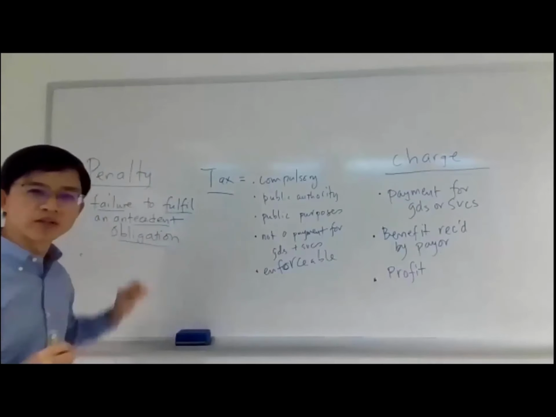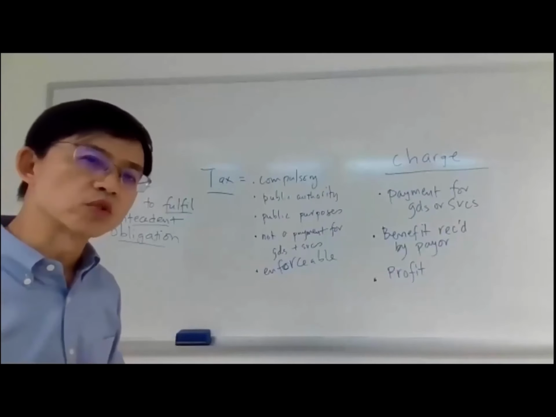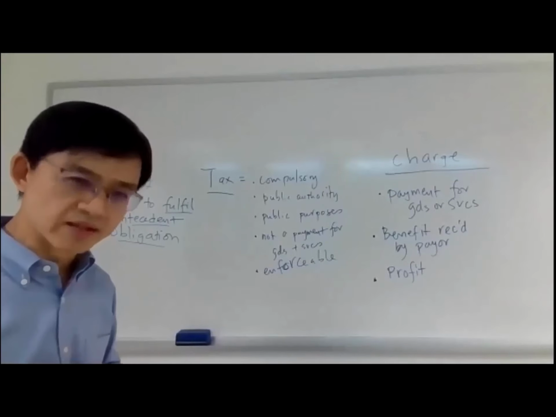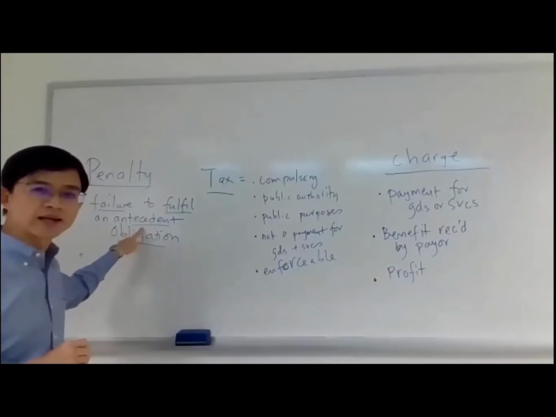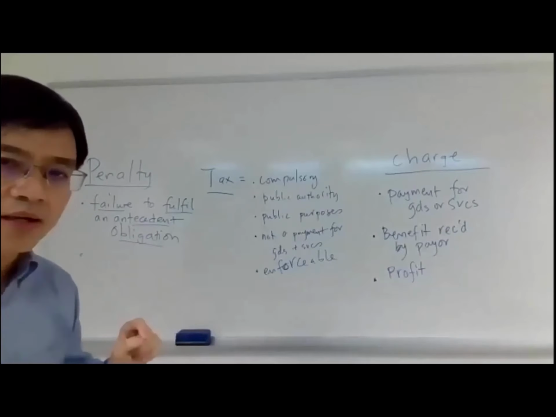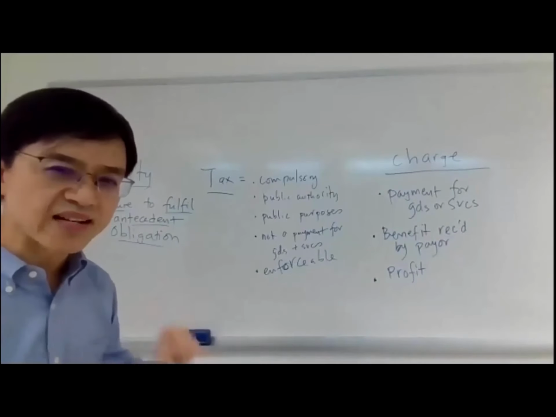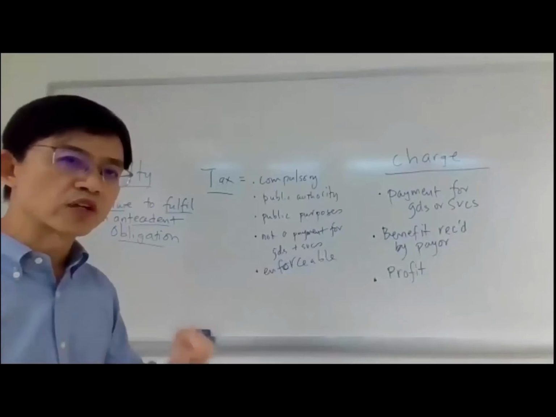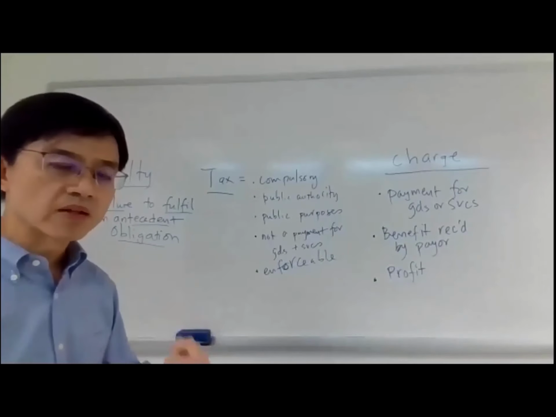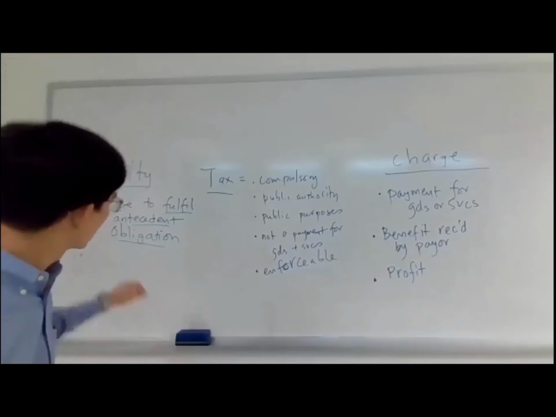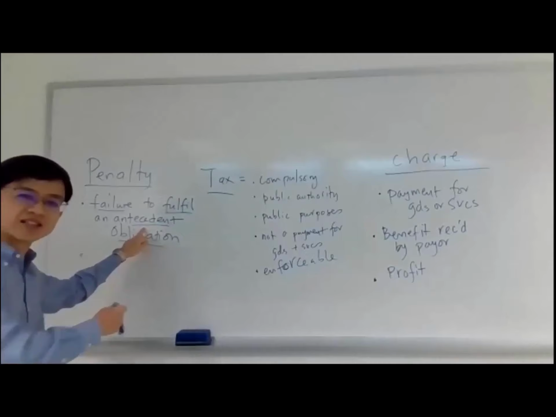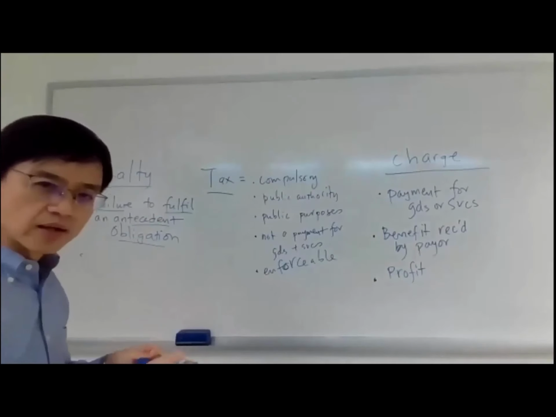The income tax statute will generally provide for a penalty, and the antecedent obligation is the obligation to pay taxes on time. And if 31st March is the deadline, then the failure to meet that deadline attracts a penalty, and that's called a failure to fulfill an antecedent, which is a preceding obligation.